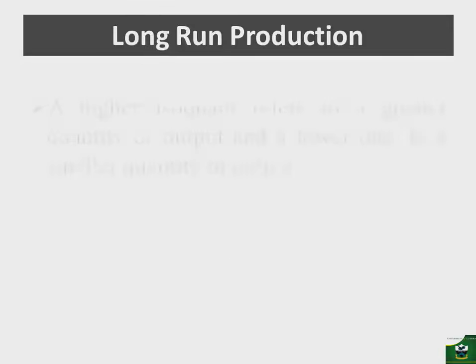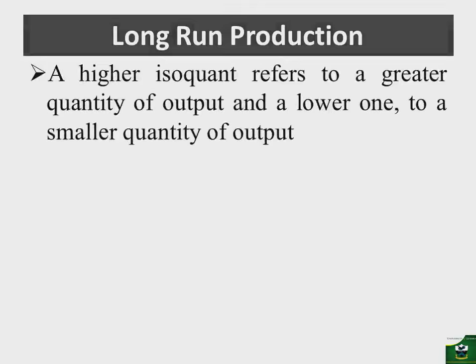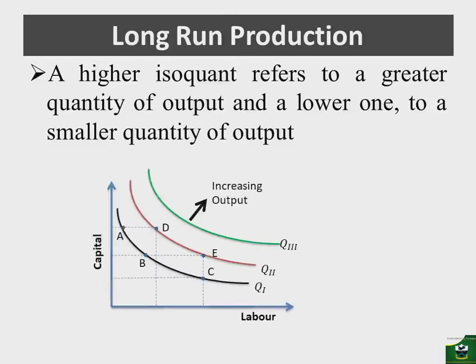With that said, then a higher isoquant refers to a greater quantity of output and a lower one refers to a lower or smaller quantity of output. With this then, given the three isoquants, the black, the red, and the green, it means that the green isoquant has more output level compared to the red and the black.